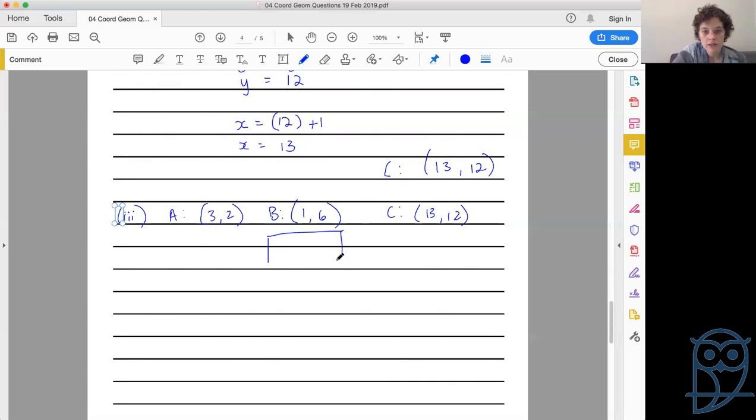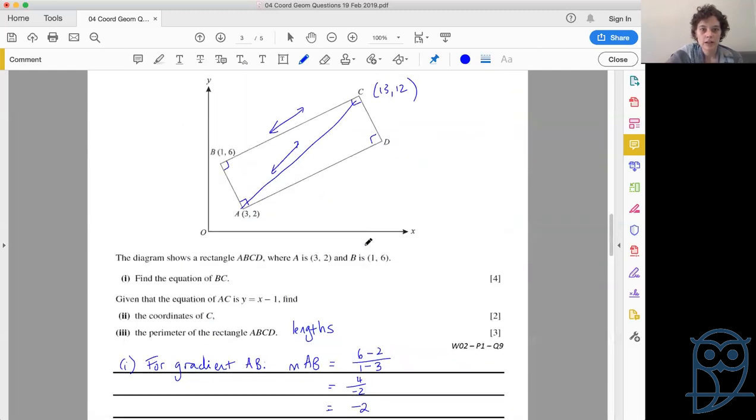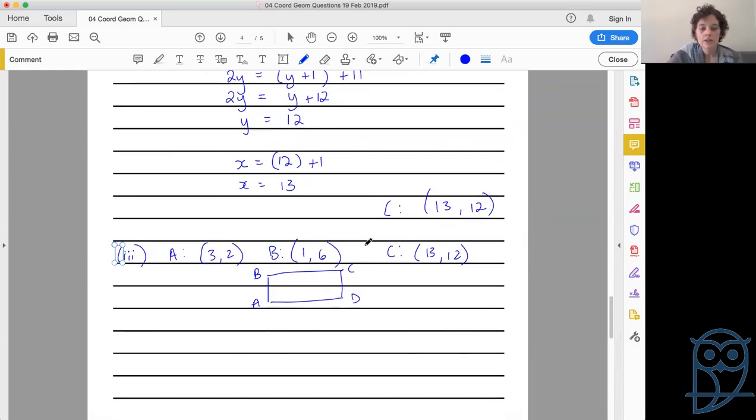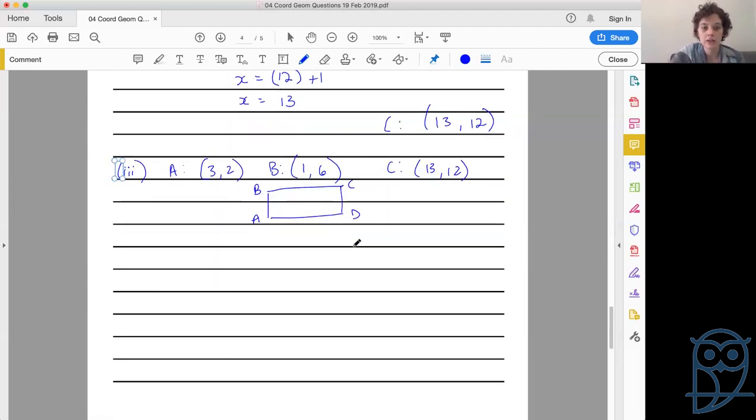And I'm just going to do this here to keep track because I hate scrolling backwards and forwards. I am right, aren't I? A, B, C, yes. So, we want double AB and double BC, and we add those two answers together will give us the perimeter, the outside edge.